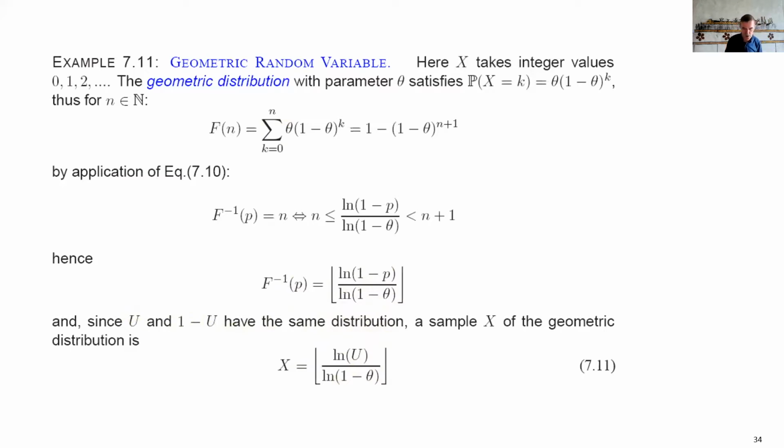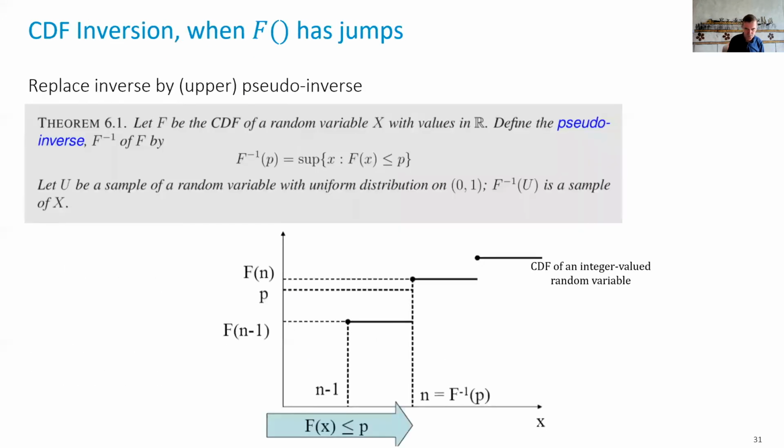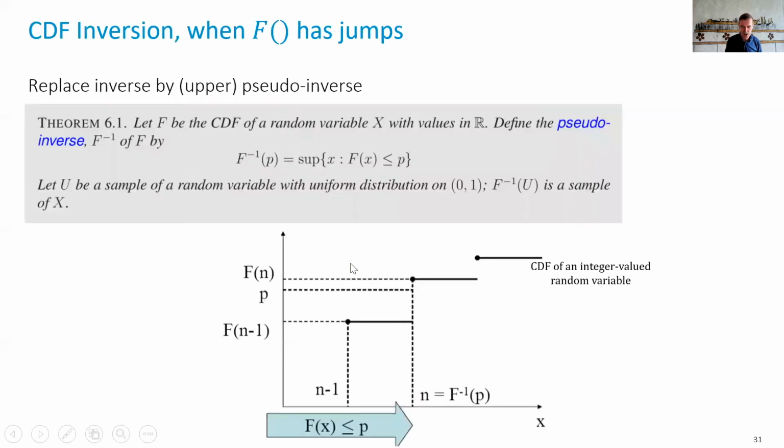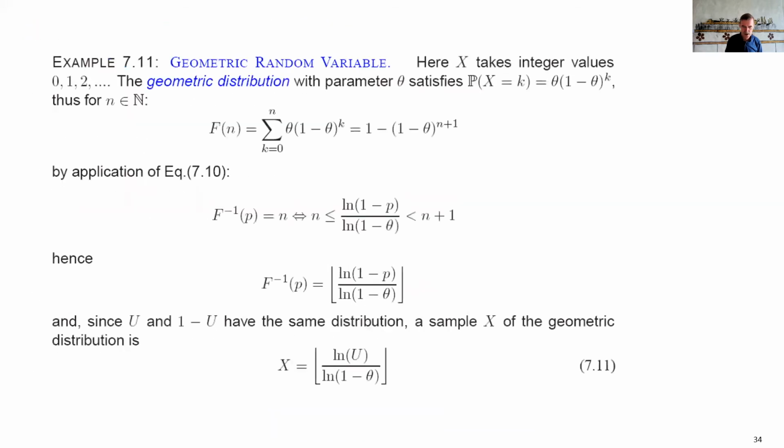If you compare to the exponential distribution we saw, we take this value, minus logarithm of u divided by lambda, then we see that the geometric distribution is exactly an approximation. It's in fact a quantization of the exponential distribution, where we replaced lambda by minus log 1 minus theta here.